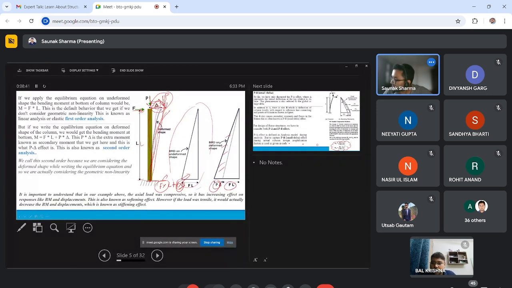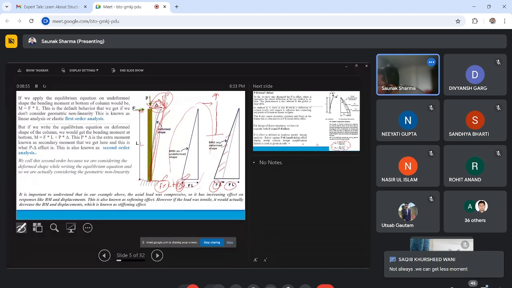If we are designing a column with tensile load and lateral load, now if you see here, what will happen is, it is deformed like this.